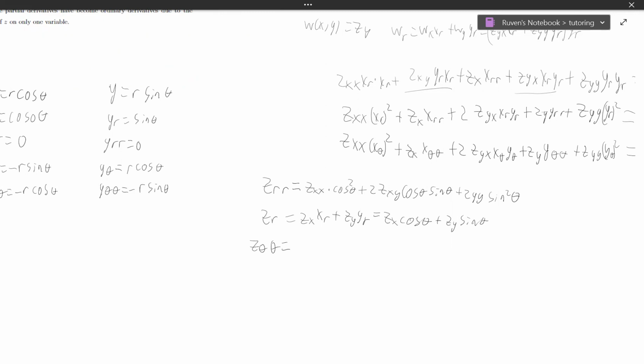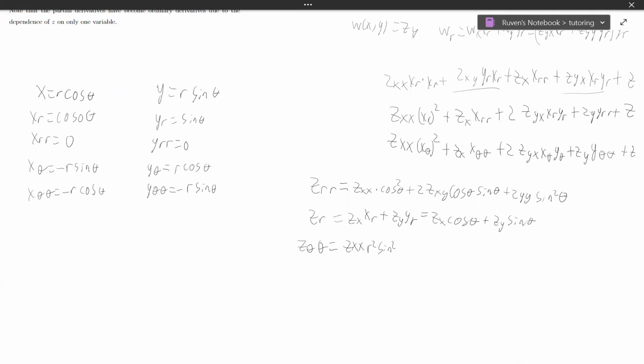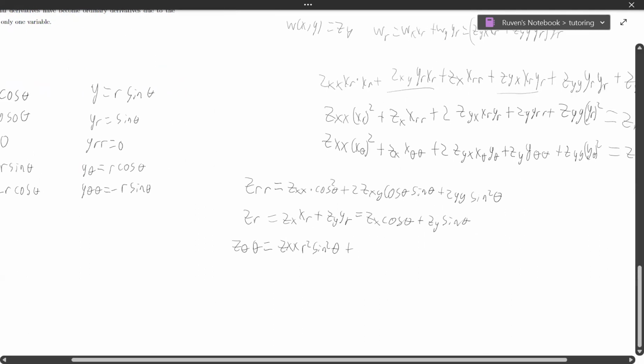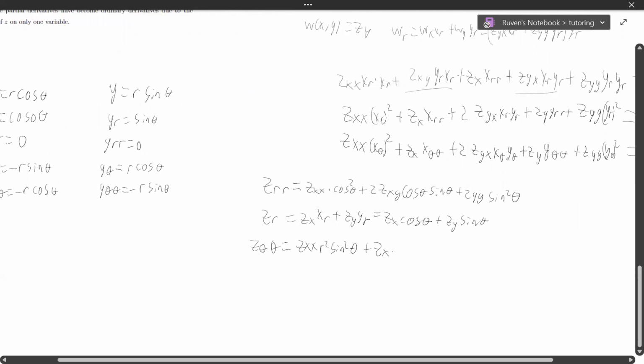And finally we get to z theta theta. That is zxx x theta squared, which is just going to be r squared sine squared theta. It's going to get a bit tedious, so plus zx x theta theta, where x theta theta is equal to negative r cos theta, times negative r cosine theta.